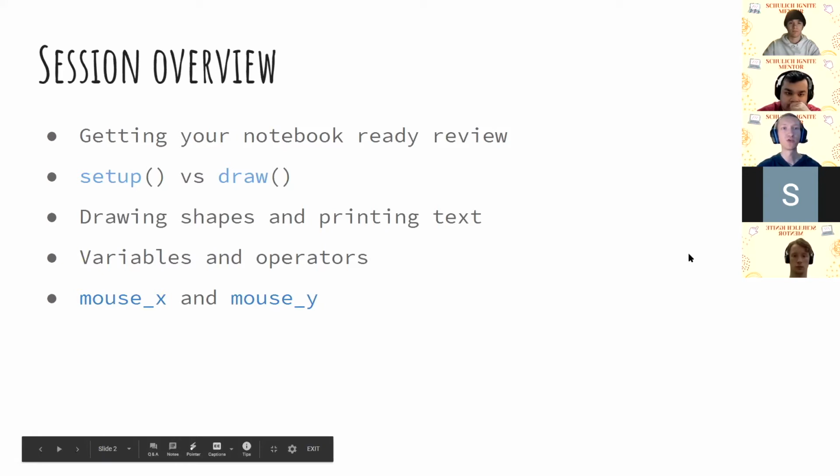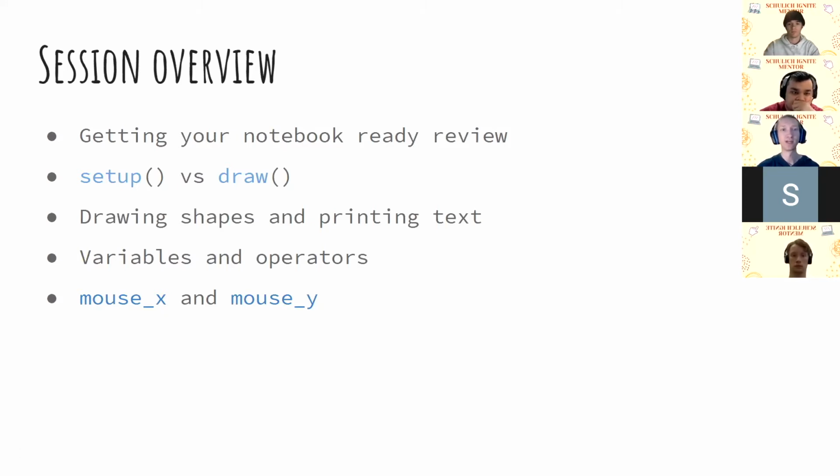So I'm just going to go over getting your notebook ready, which was that coding environment. That's what we're going to start with: how to get that coding environment set up, getting your notebook opened, and how to get a bit of code going there. And then we're going to get into actually writing some code. You've got two sections of your code.